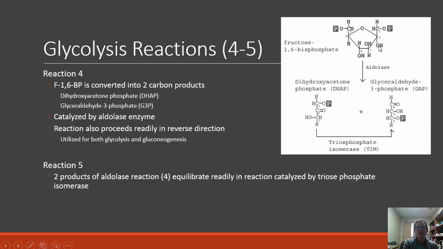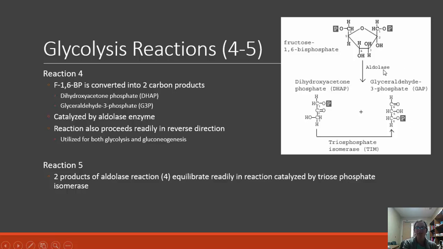Okay, and then in reaction 4, we're going to take this fructose 1,6-bisphosphate, this 6-carbon molecule, and we're going to bust it into 2 3-carbon molecules: DHAP, we'll see this again later in the course, and glyceraldehyde 3-phosphate. These are going to go back and forth, back and forth.